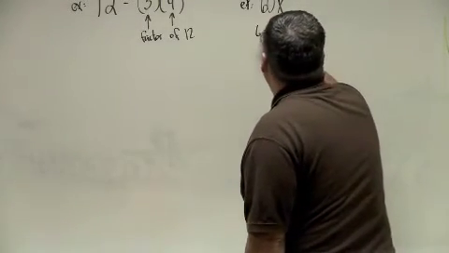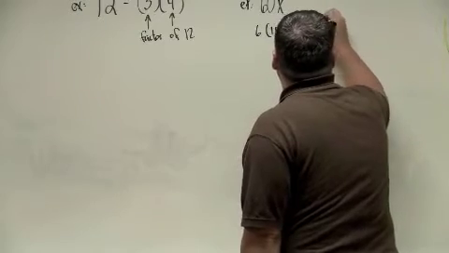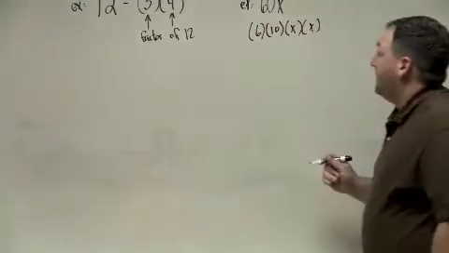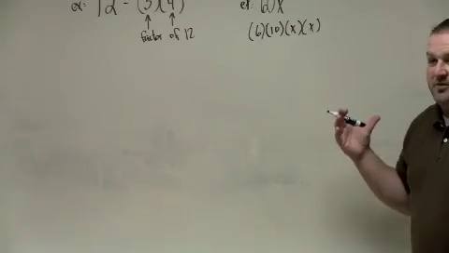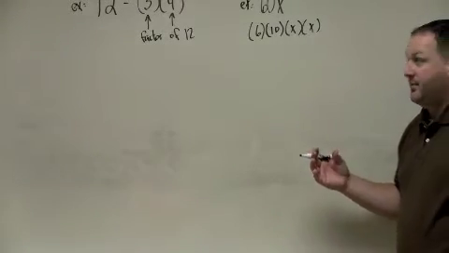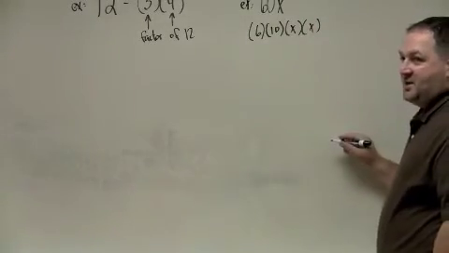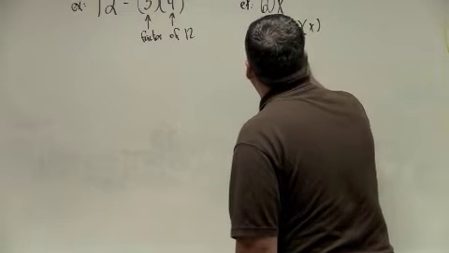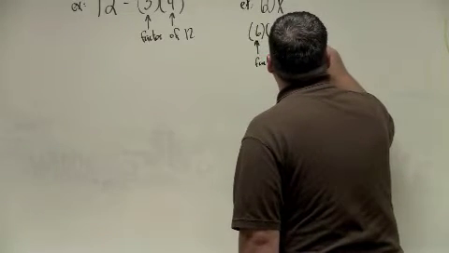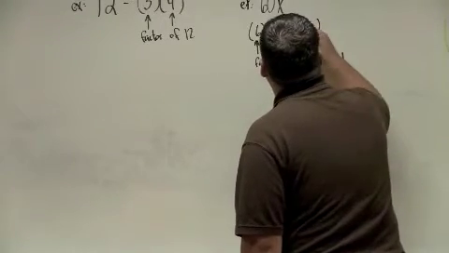Let's say 6 times 10 times x times x. We can break it down even further, but again, breaking down into a product is what factoring is all about. Each one of these is a factor of 60x squared. So these are factors of the monomial.